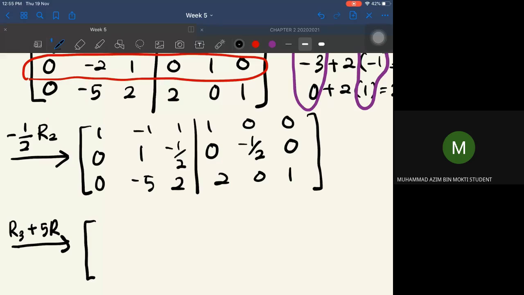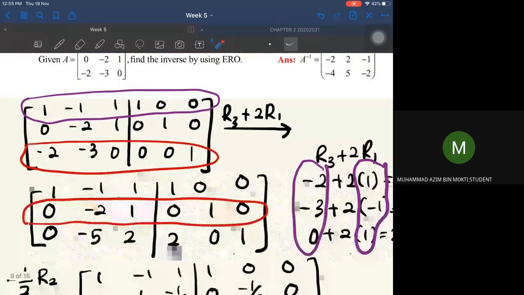R berapa? Satu. Bukan R1 tapi R2. Kita bergantung dekat yang dah jadi 1. Kalau tadi kita nak buat ni, kita bergantung pada R1. Sebab dalam kolom ni, yang ni dah jadi 1.